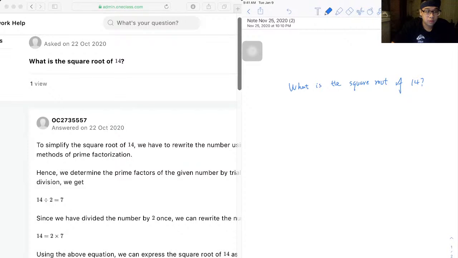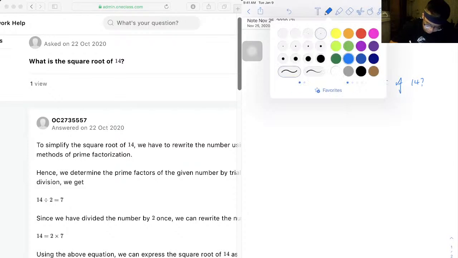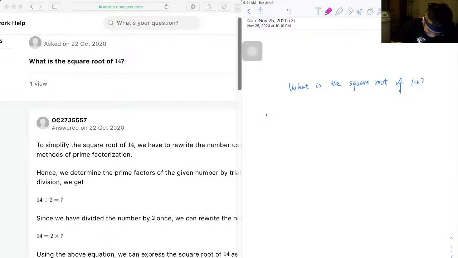So, in order to simplify the square root of 14, we have to rewrite the number using the method of prime factorization. Hence we determine the prime factors of the given number by trivial division.